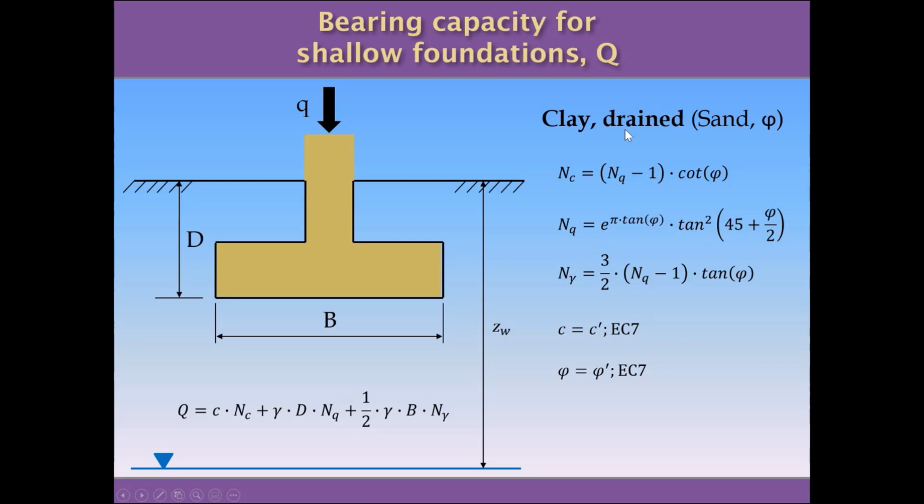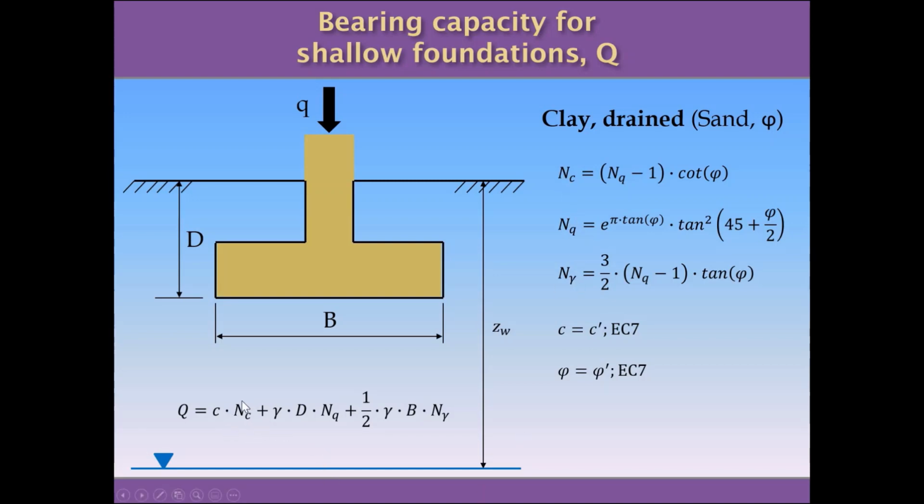Automatically, when we read something like this, we think that if the situation is drained, probably there is some sand that is contributing with some angle of internal friction to the strength, and the sand is contributing with some permeability. So automatically we know that we are going to have as data some angle of internal friction.